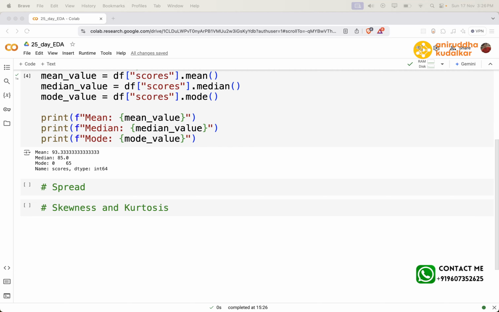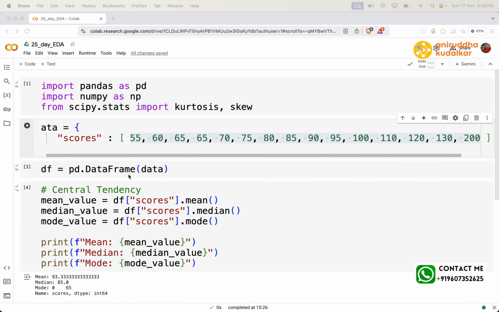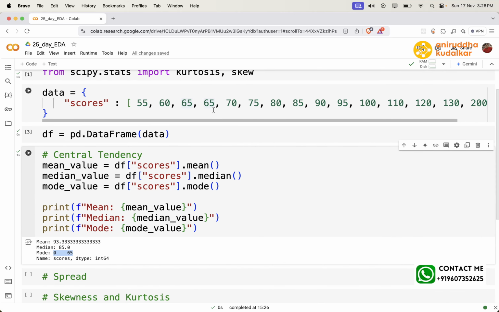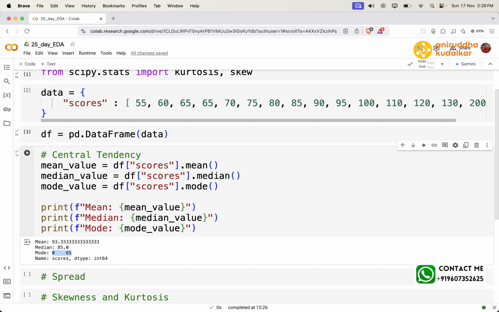And the mode determines the most frequent value. Can you see 65 is the most frequent here? So it is showing 0 and 65. Mode determines the most frequent value, 65.